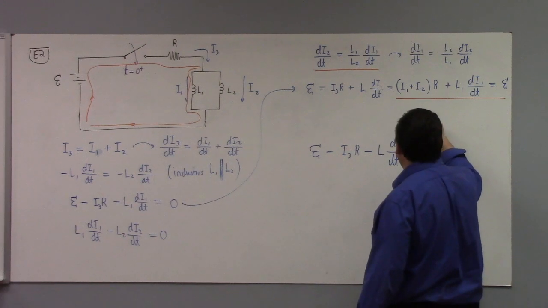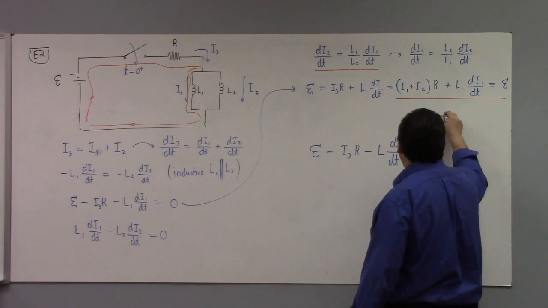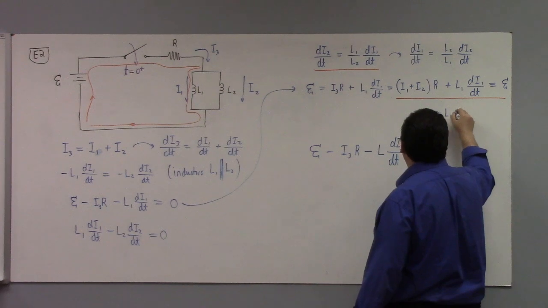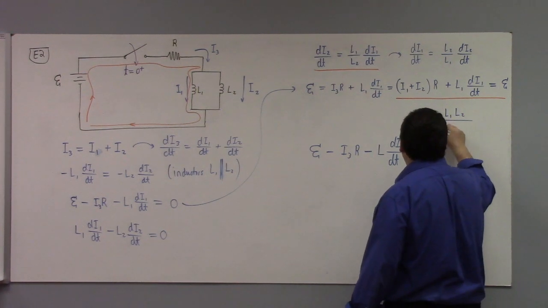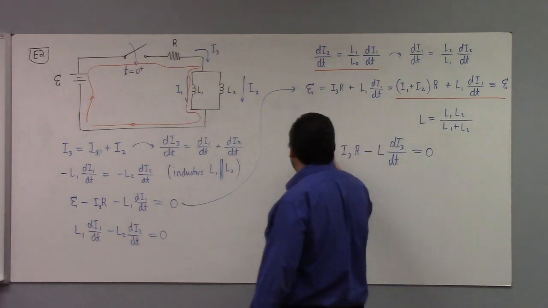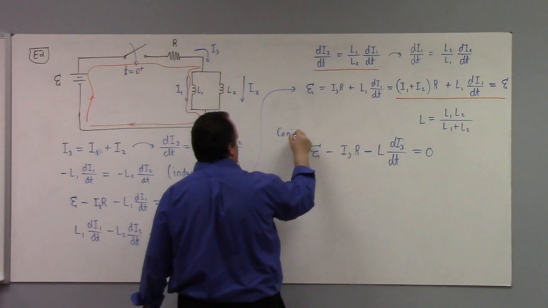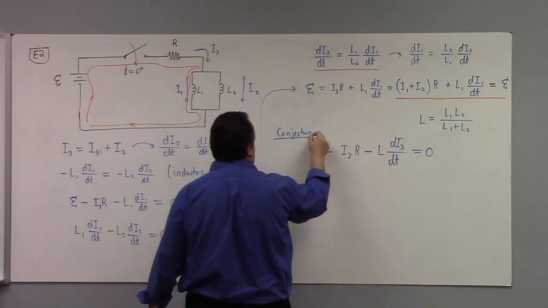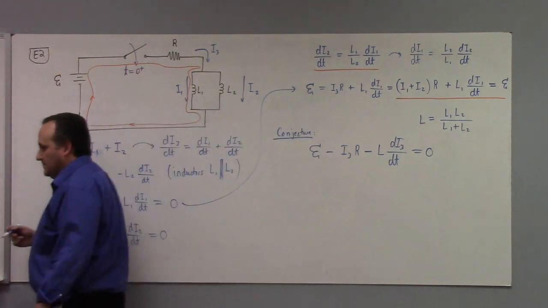We conjecture L should be equal to what? Yeah, L1 times L2 over L1 plus L2, right? This is our conjecture. I would conjecture that that's what should happen.